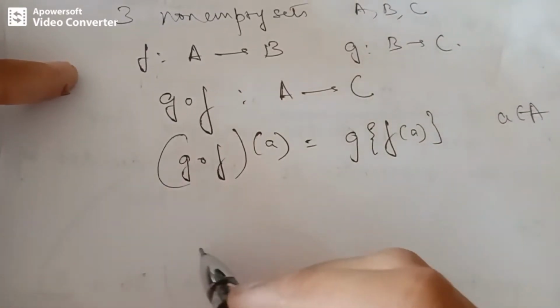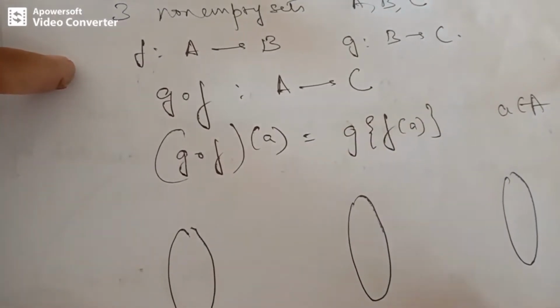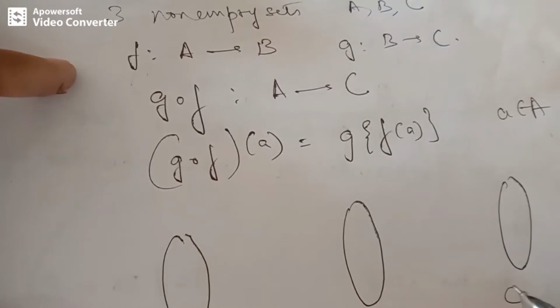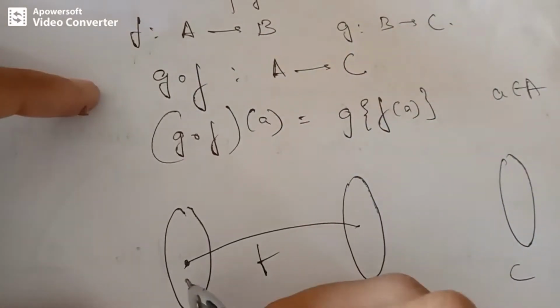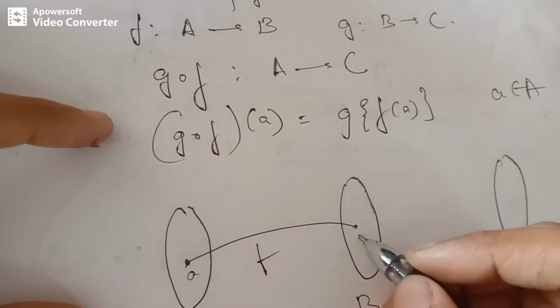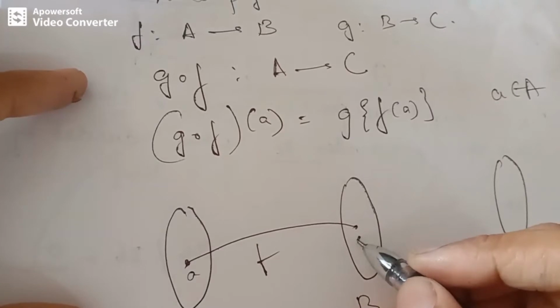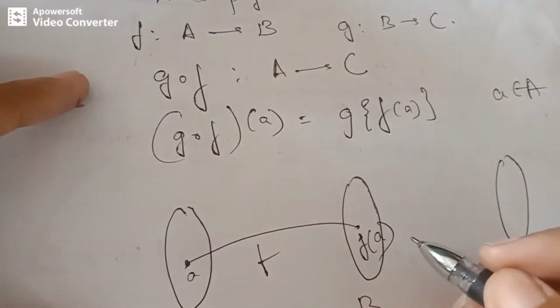So I'll represent this by an arrow diagram. Let's say I have here the sets A and B along with C. So f is a function, a mapping from set A to set B. Here you will get the image f of a.